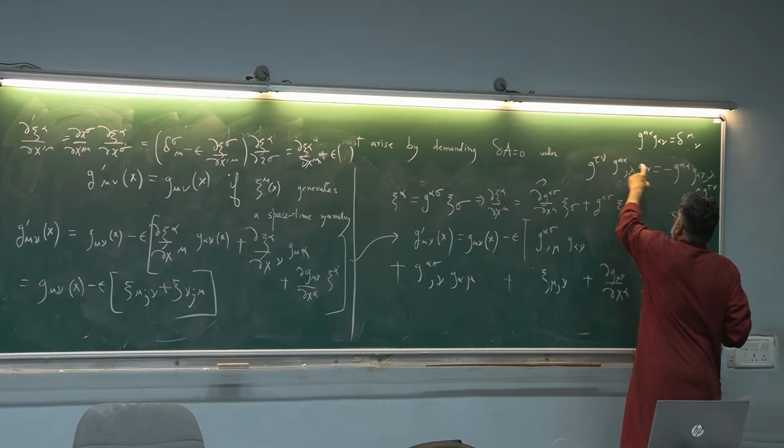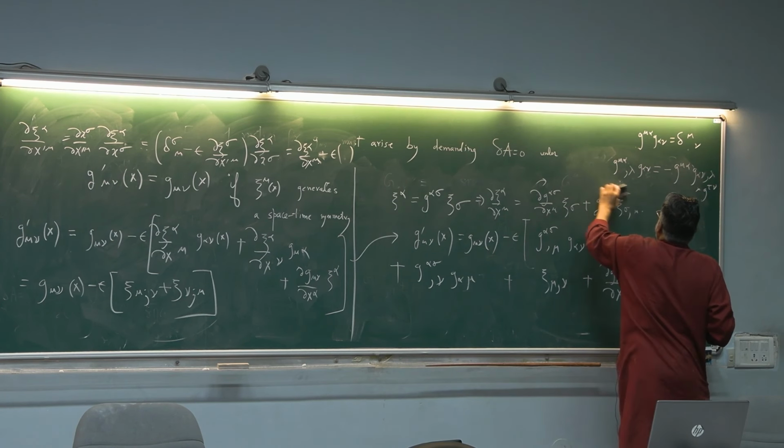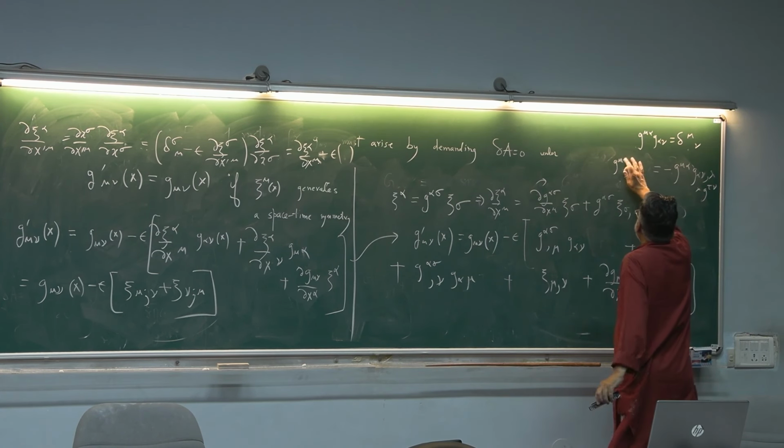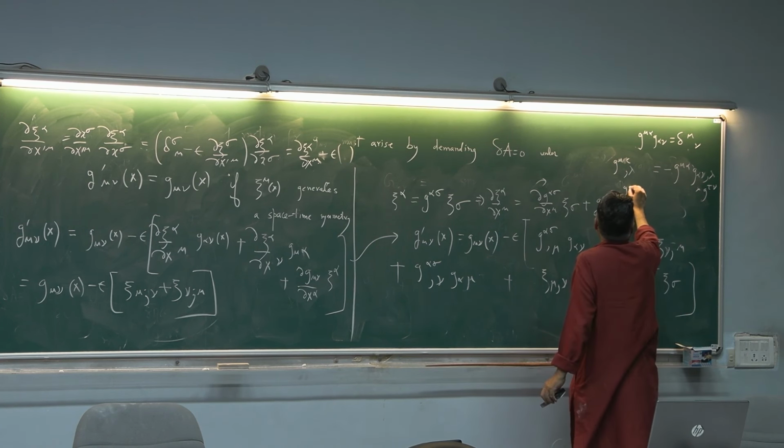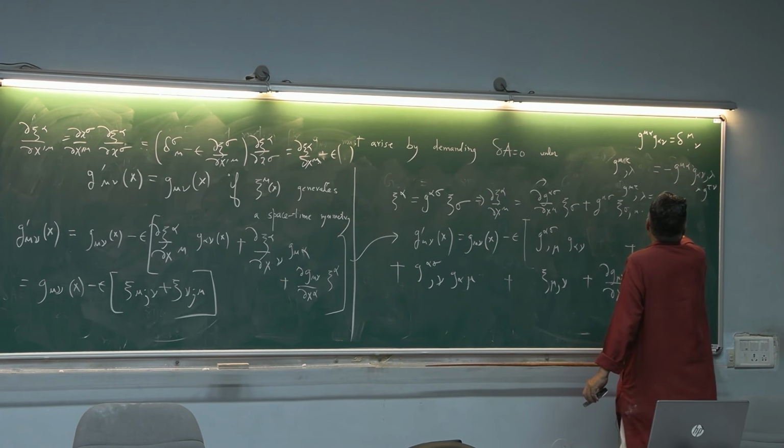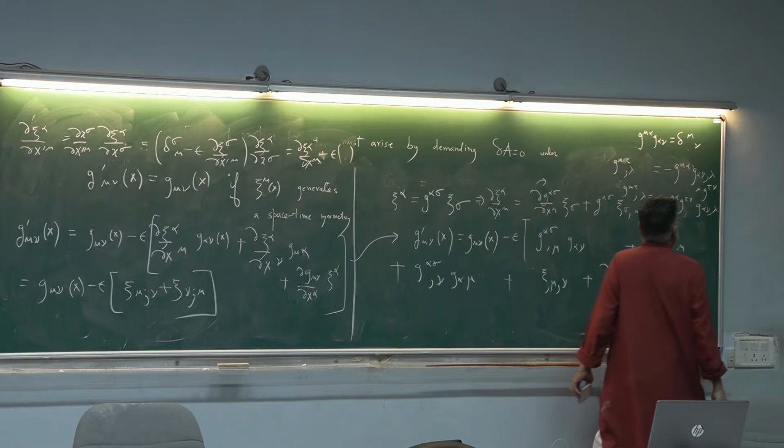Nu being summed over gives Kronecker delta tau alpha, so alpha becomes tau. So we have got the result that g mu tau comma lambda is the same as minus g mu alpha g tau nu g alpha nu comma lambda.